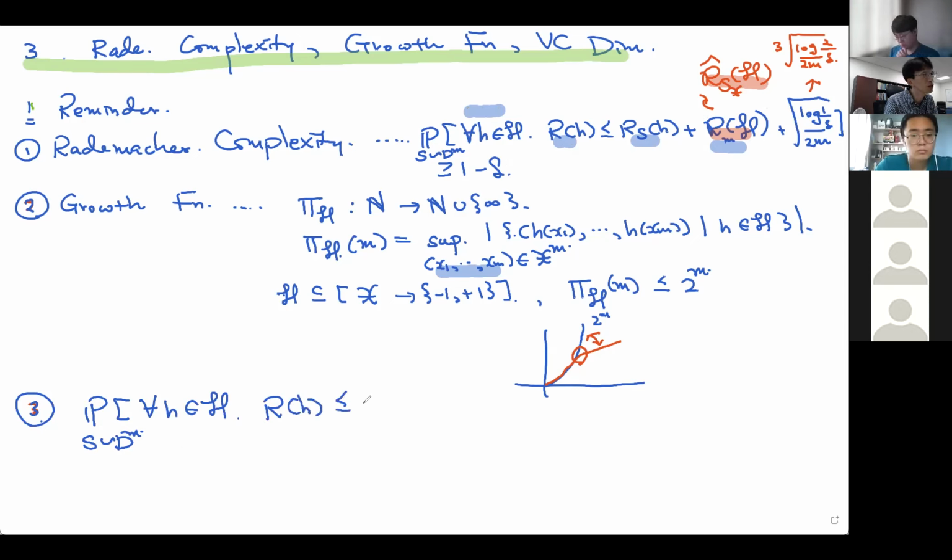The form is always the same. The generalization error is bounded by the empirical error plus some quantity that measures the complexity of the hypothesis class. But this time, this complexity measure is going to be this one.